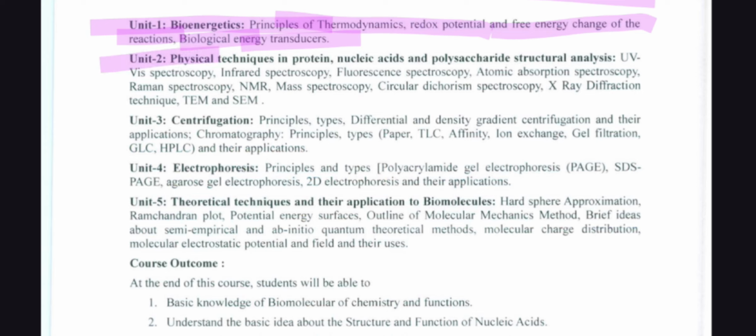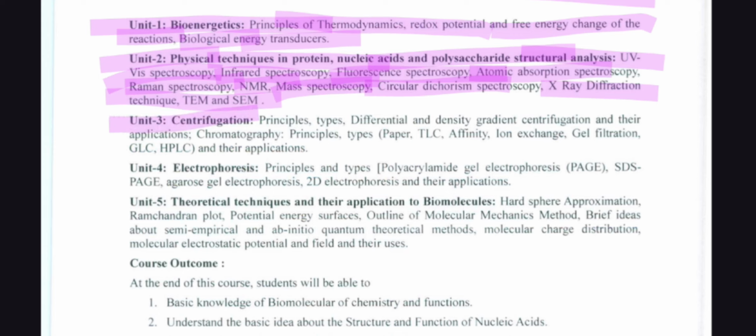Unit 2: physical techniques in the protein, nucleic acid and polysaccharide structure analysis, UV-visible spectroscopy, infrared spectroscopy, fluorescence spectroscopy, atomic absorption spectroscopy, Raman spectroscopy, NMR, mass spectroscopy, circular dichroism spectroscopy, X-ray diffraction techniques, TEM and SEM.